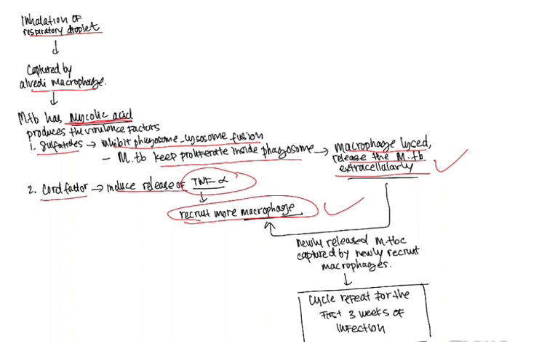Newly released Mycobacterium tuberculosis is captured by the newly recruited macrophages, and this keeps happening, so the cycle repeats for the first 3 weeks of the infection.